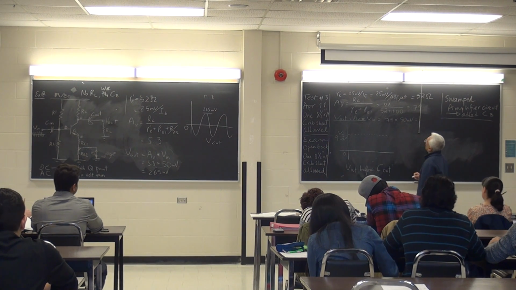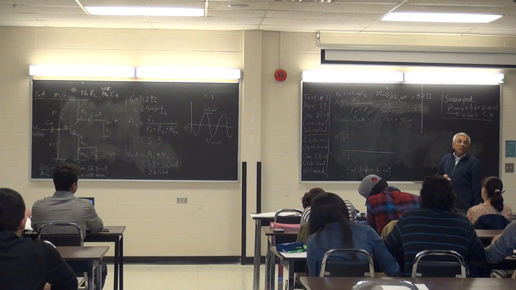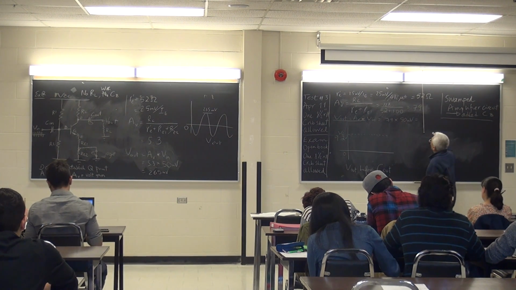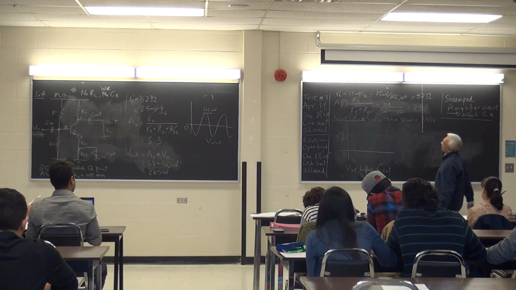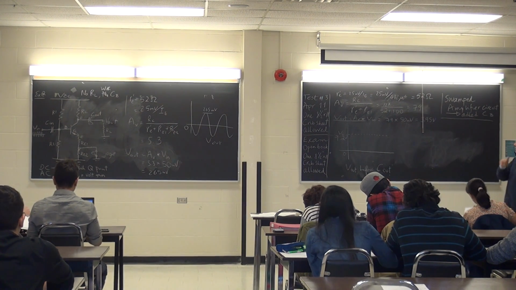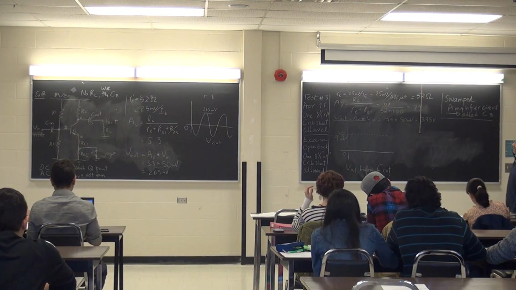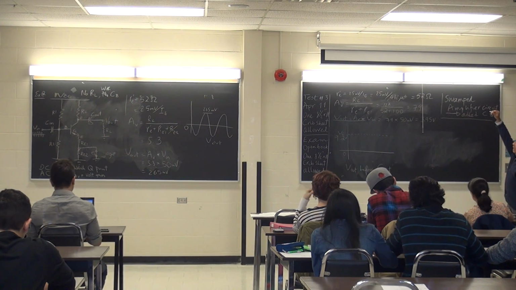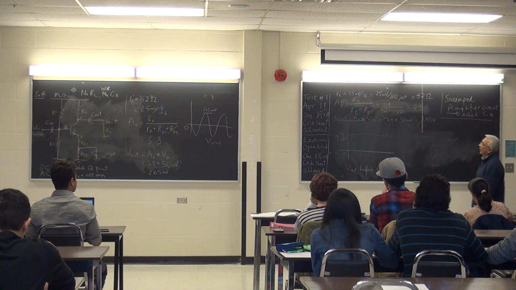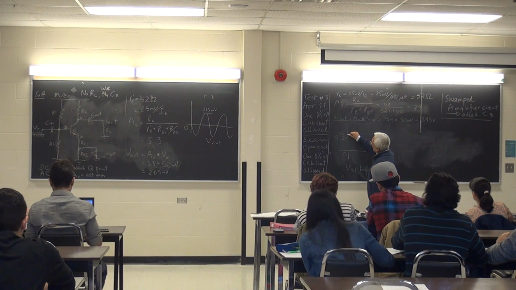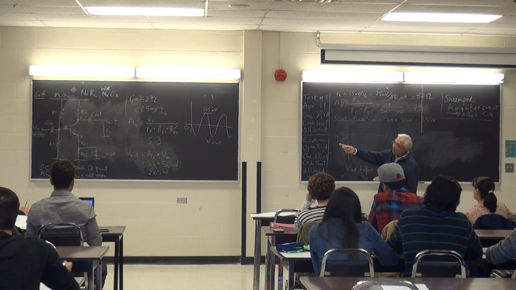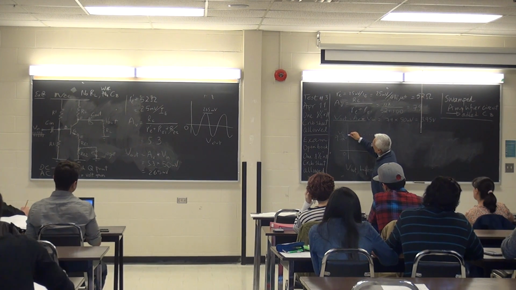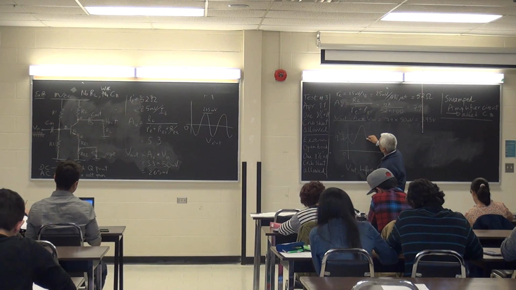How much? 3.95. Okay, so that's my V out. It is 4 volts up, 4 volts down. Okay, so that's what I'm going to show. It's inverted. Okay, the signal in a common emitter is inverted. So this is what's going to happen.